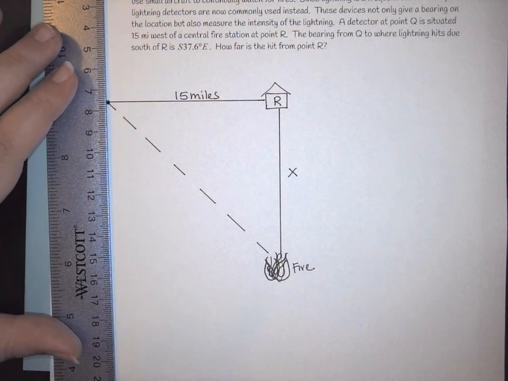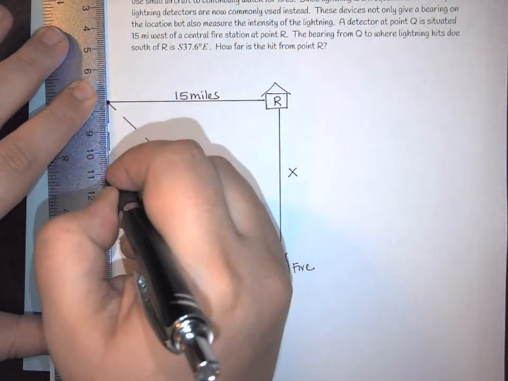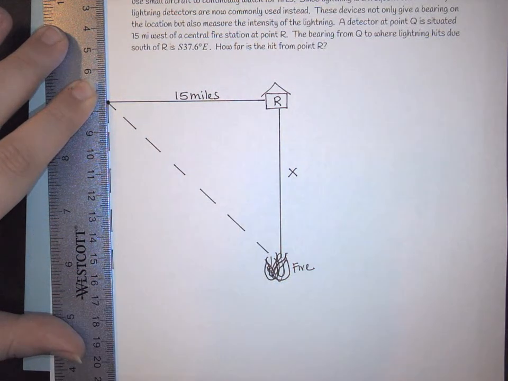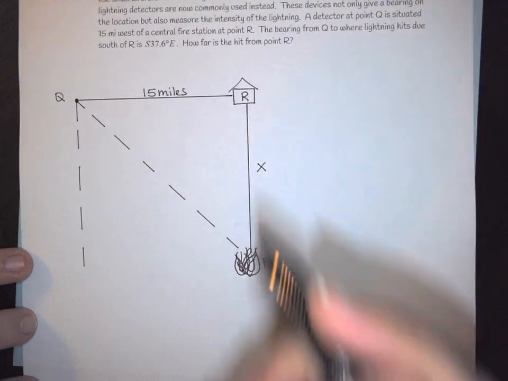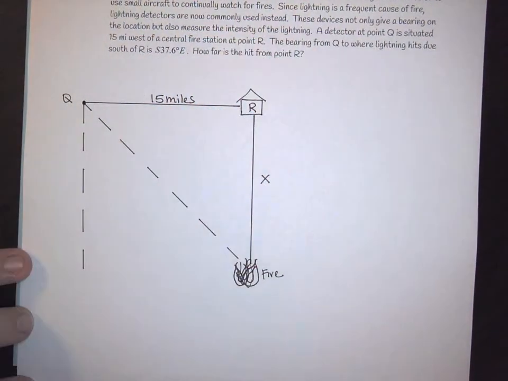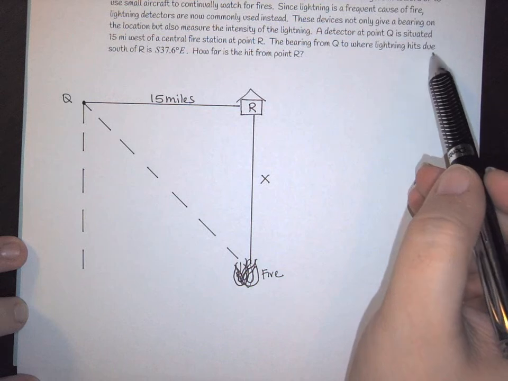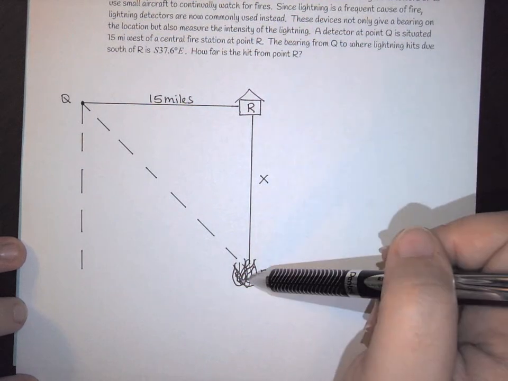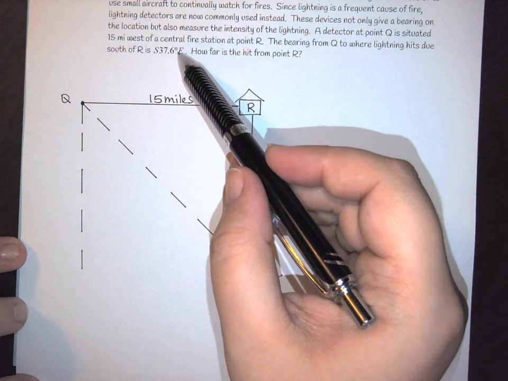If we draw straight down from our point Q, we've got this angle where we are talking about the bearing from Q to where lightning hits due south of R. So that is south 37.6 degrees east.